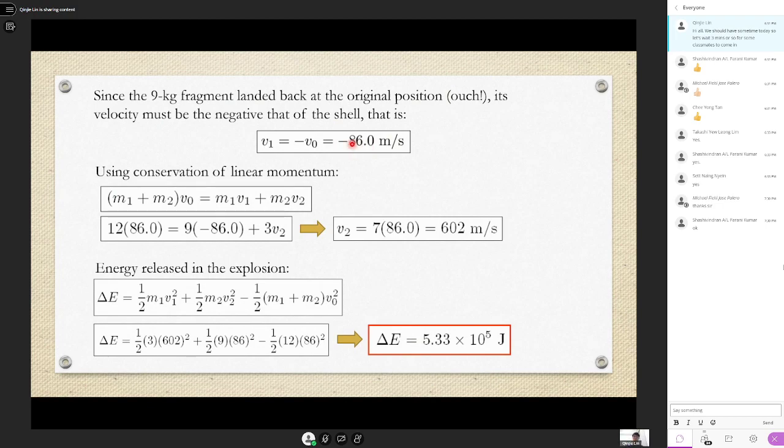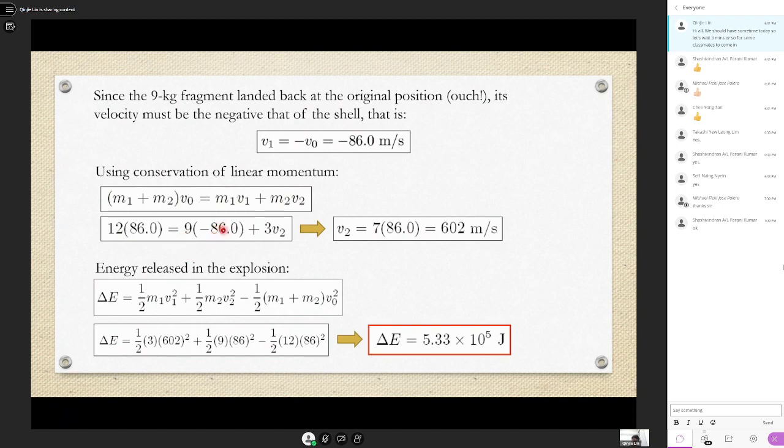Then we can use the conservation of momentum to find the velocity of the lighter fragment. Starting before the explosion, we have both masses together, which is 12 kg times the velocity at that point, equals M1 V1 plus M2 V2, the two fragments. So 12 times 86 equals M1, which is 9, times V1.